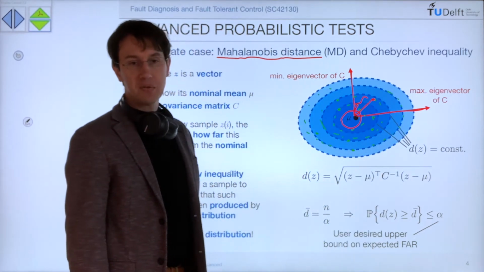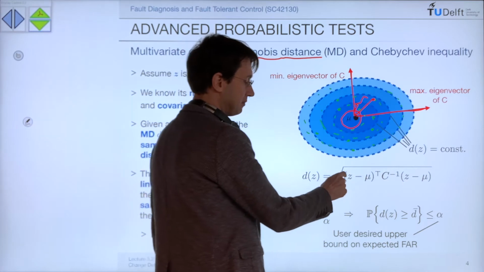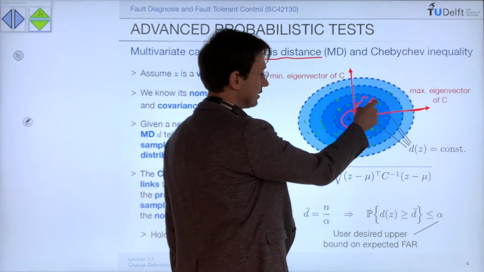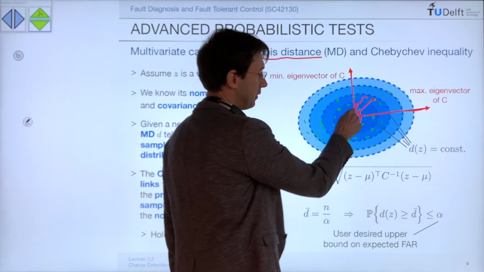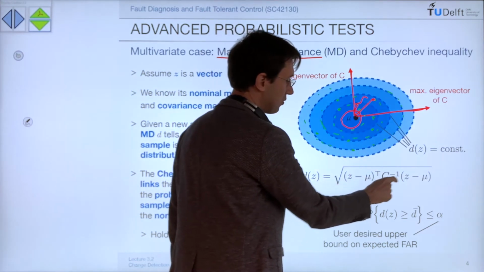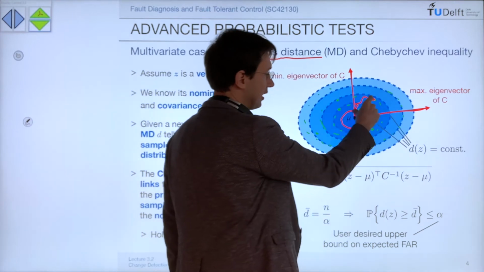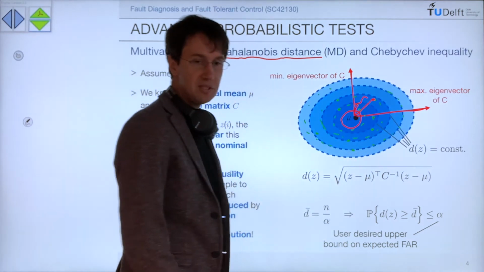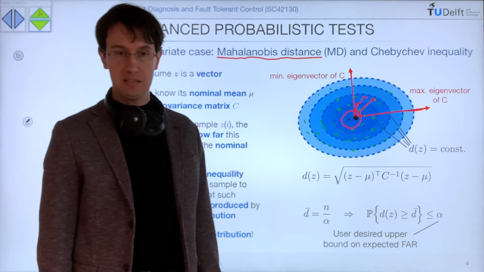In a normal Euclidean distance, when you have vectors, you have z minus m, this vector, transposed, that multiplies itself, which is the way of taking the square of this vector. This is the Euclidean distance.